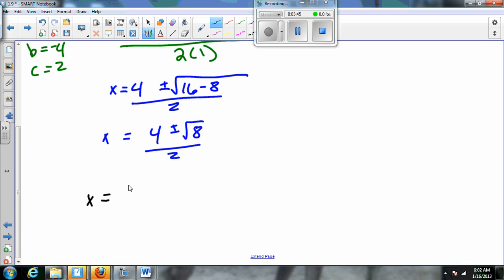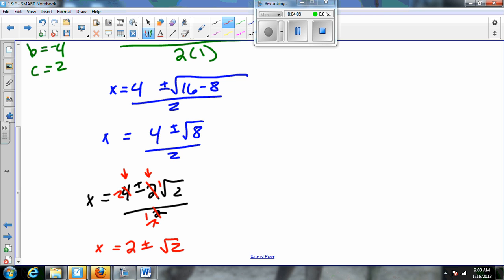X equals 4 plus or minus 2 root 2 over 2. And we see this is even, this is even, this is even. We can take out a 2 from each term. This goes to 1, this goes to 1, this goes to 2. So our answer is x equals 2 plus or minus root 2.